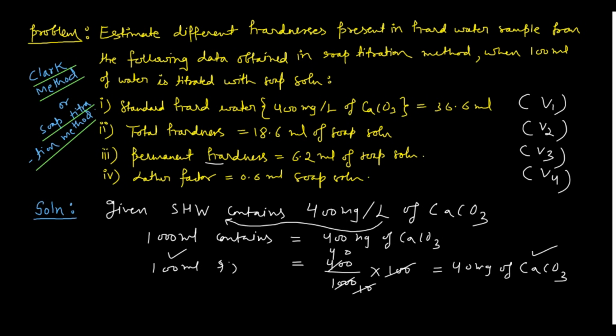Okay, and one more thing, right? Now I am going to move further. First of all, I am doing the calculation. If I go back and read the numerical here, in the first portion, standard hard water is given. That means the process of standardization requires 36.6 ml of the soap solution. So in this particular step, I am going to do this standardization.